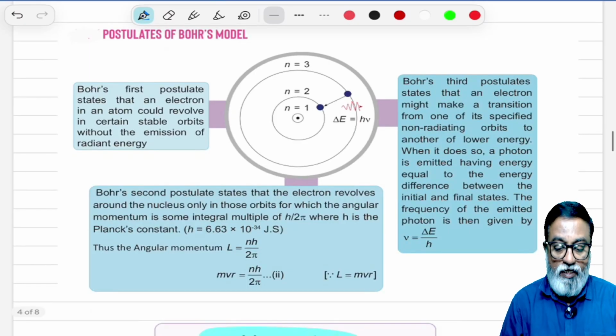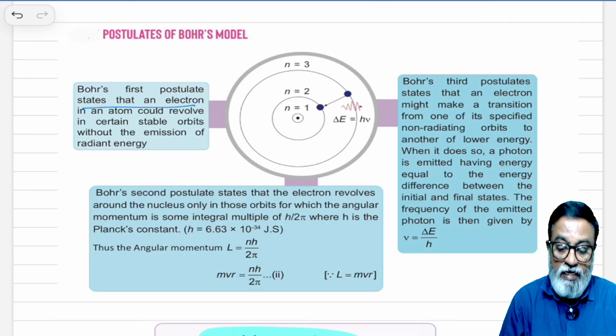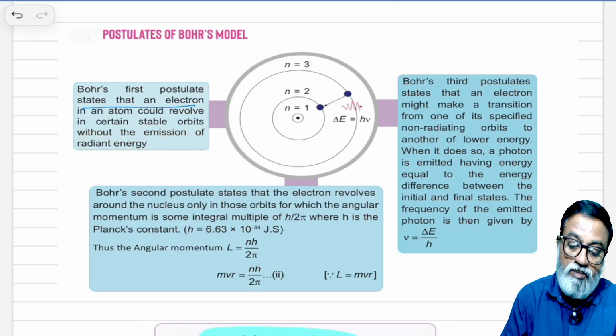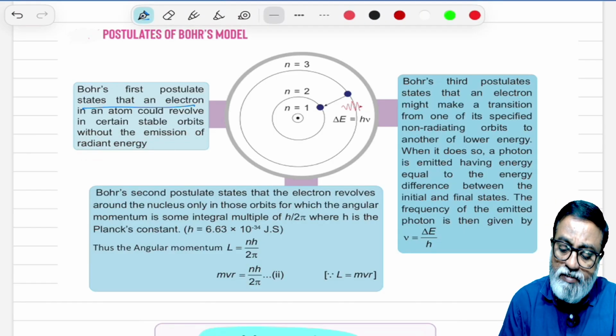Bohr's first postulate states that an electron in an atom could revolve in certain stable orbits without the emission of radiant energy. Here, this is the nucleus Ze, and this one is the electron moving with velocity v.